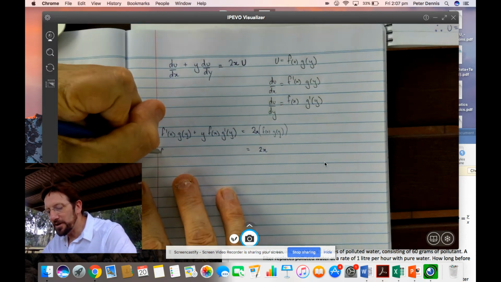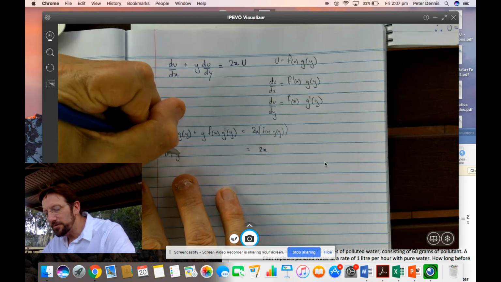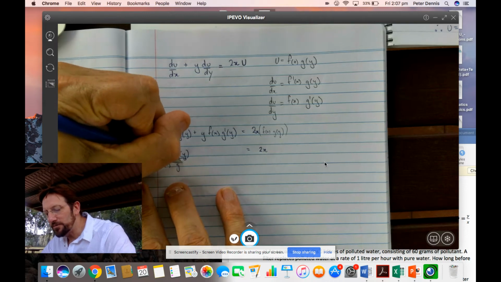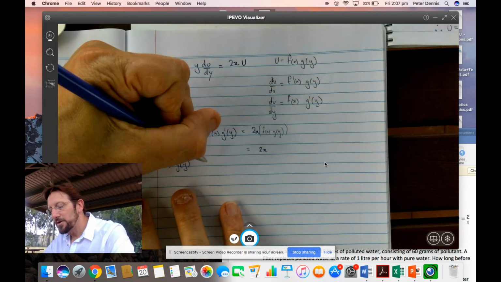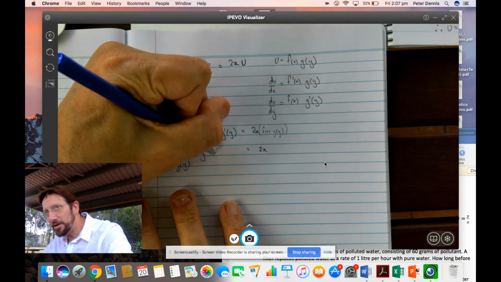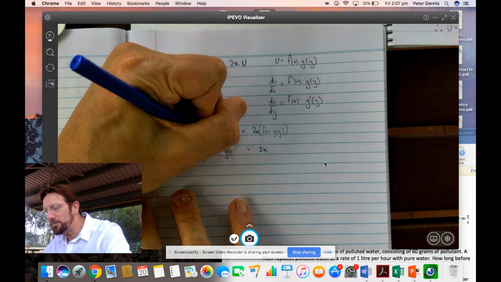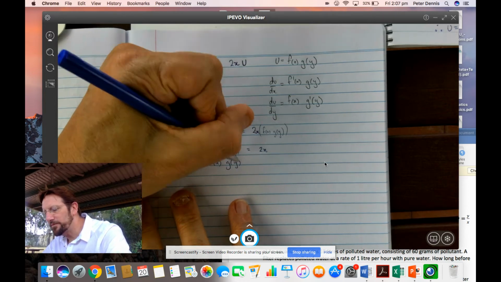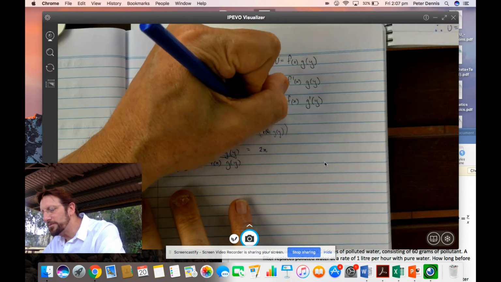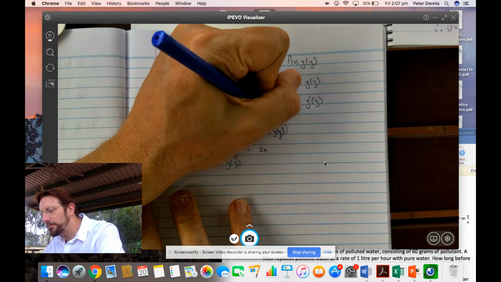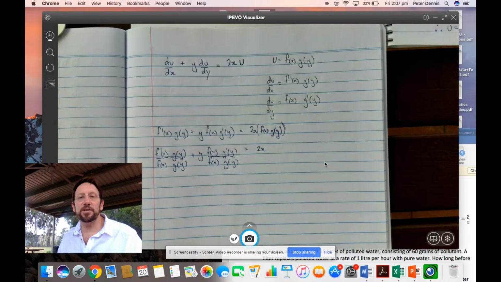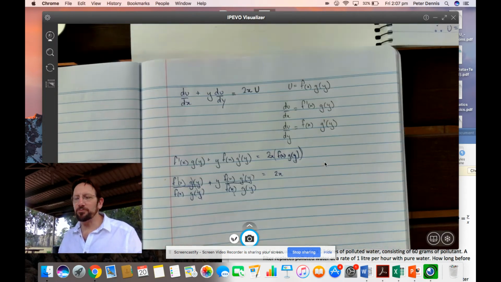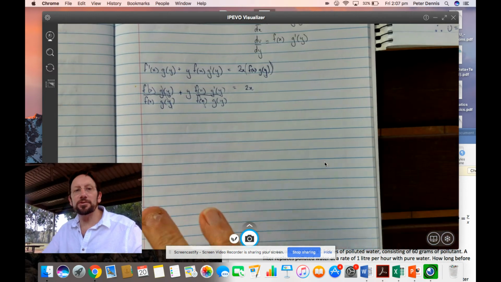This side is going to be f dash x g of y over f of x g of y, and hopefully you can see what's going to happen here, plus y outside of f of x g dash y over f of x g of y. Now obviously here lots of things can cancel. The g of y's can both go out and the f of x's can both go out, and that's really what we want to be able to do.